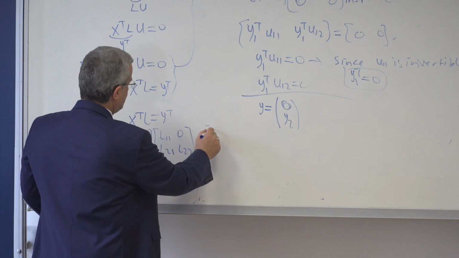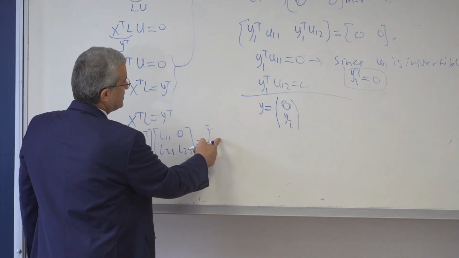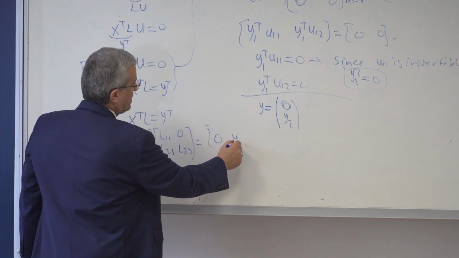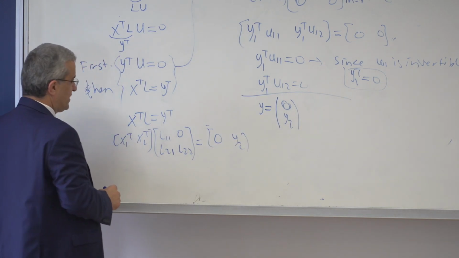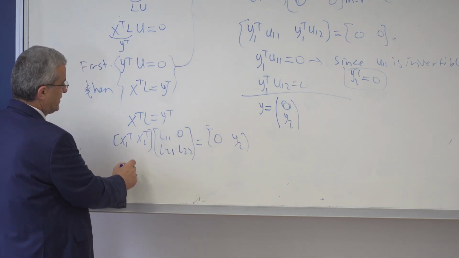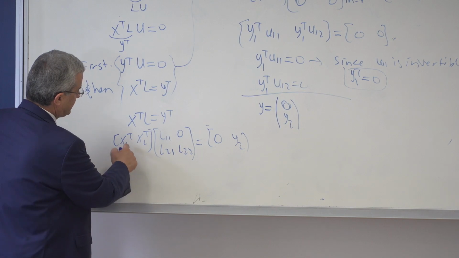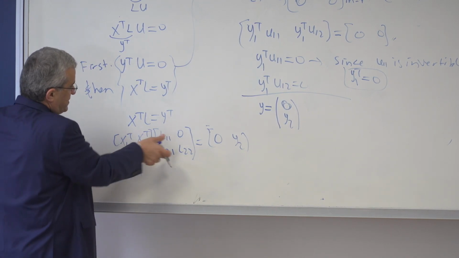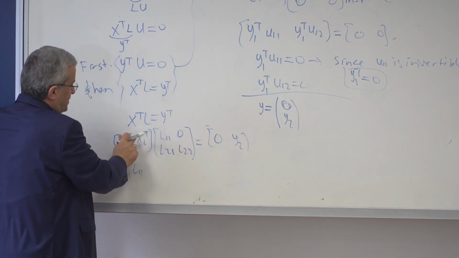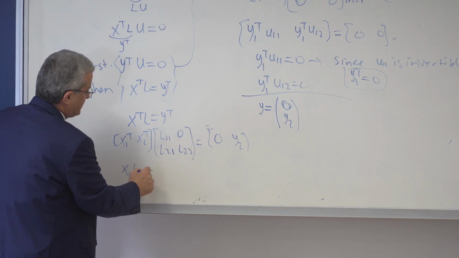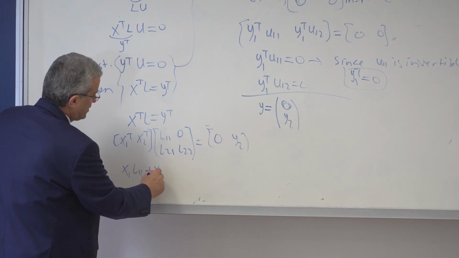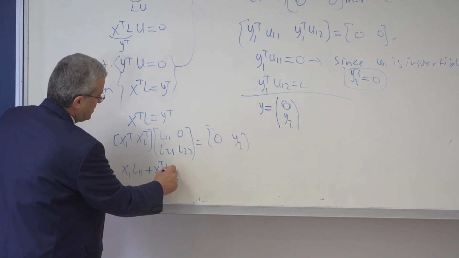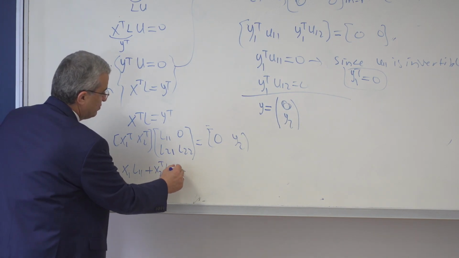This is supposed to be equal to 0, Y2. And what do I have? X1 transpose L11, right? I'm multiplying this with this. X1 transpose, then what do I have here? X2 transpose L21. And what is that equal to?